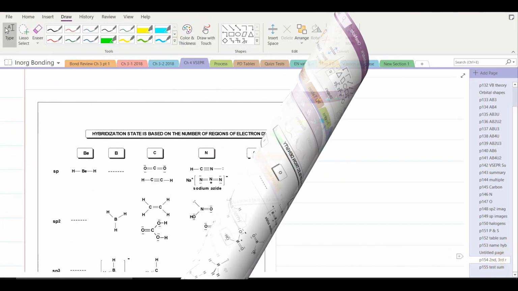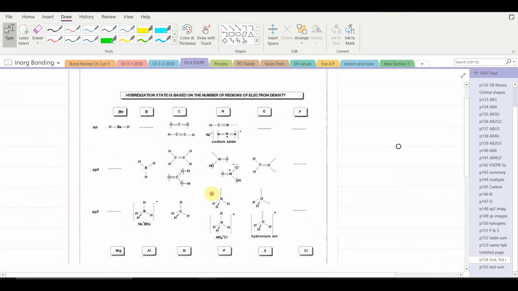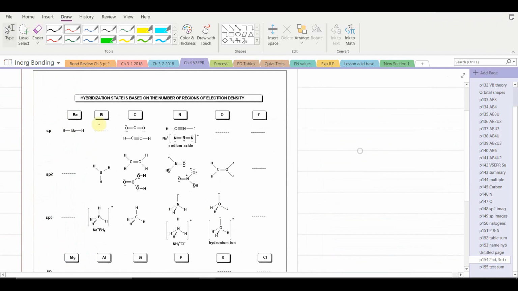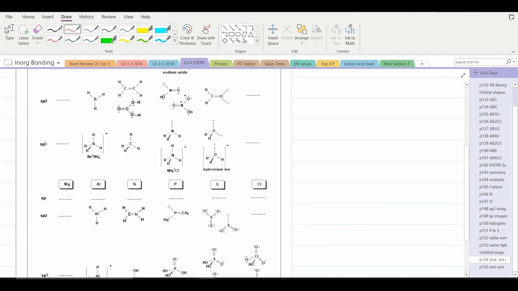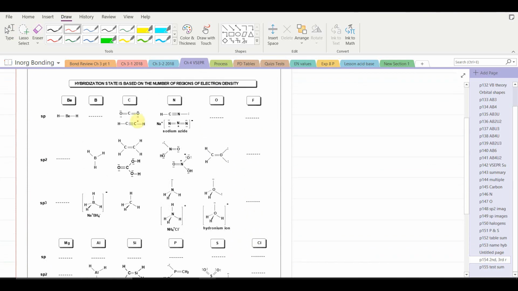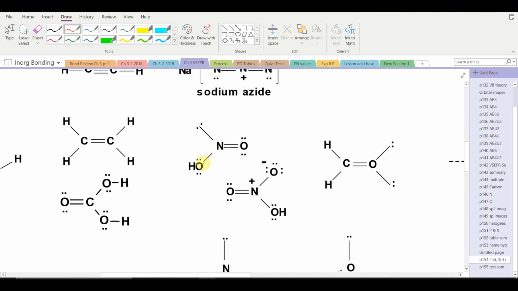And finally, page 154. On page 154, I've drawn the structures of a number of second period and third period elements, and in each case I've given some structures that show that element in various hybridization states. For example, look at nitrogen in this compound. This would be nitrous acid.